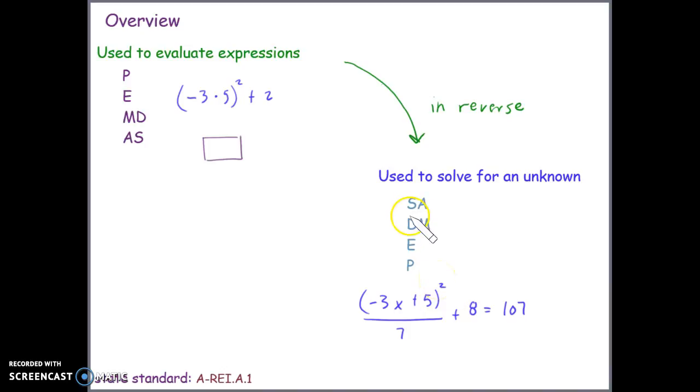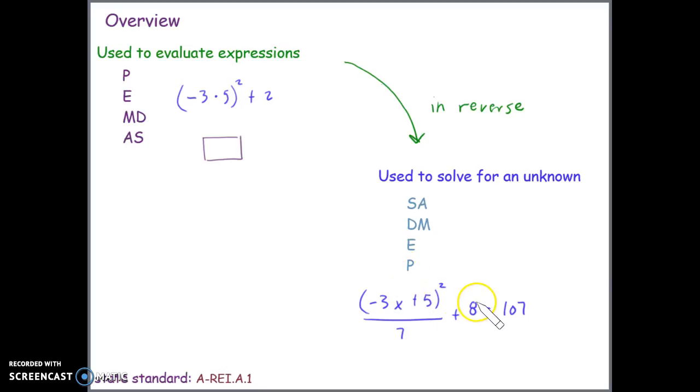So you always want to start with the easiest things to eliminate, which are things that are being subtracted or added. If you look at the example here, we've got two things that are being added. The 5 is being added and the 8 is being added. But because the 5 is in parentheses, this would not really count as addition or subtraction, because it is inside the parentheses, and parentheses are saved for last.